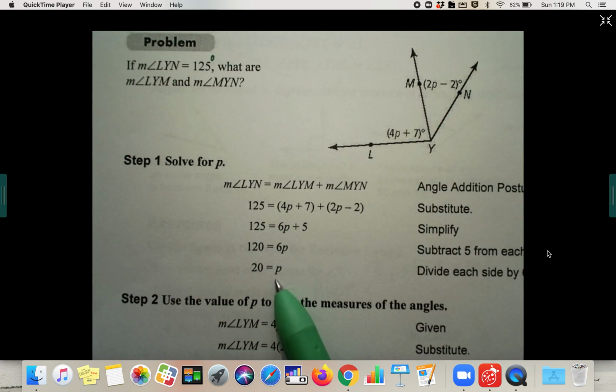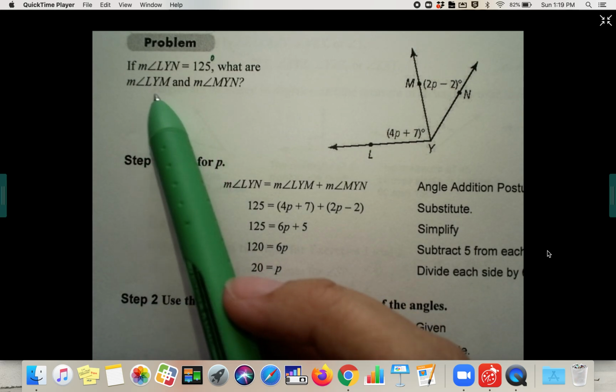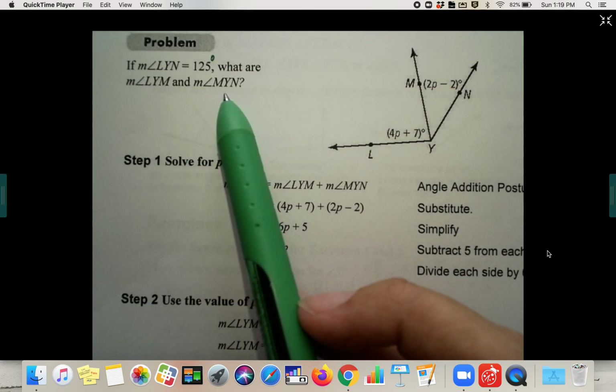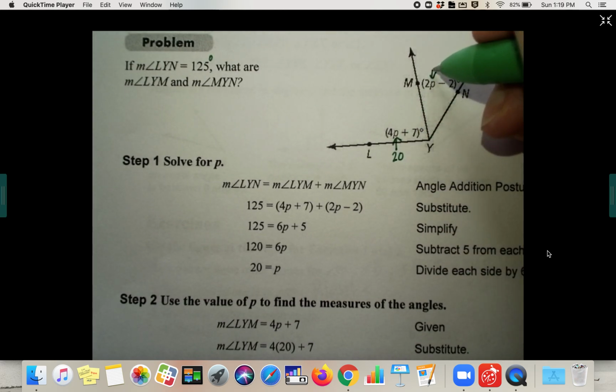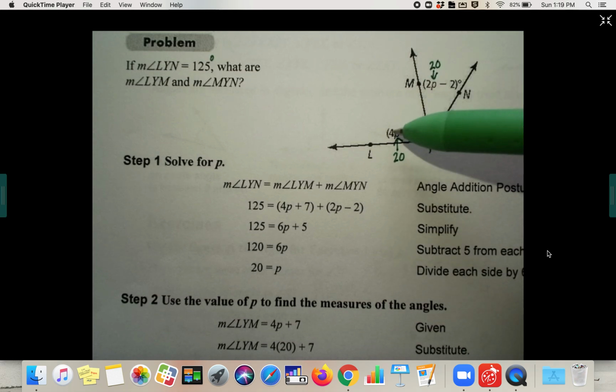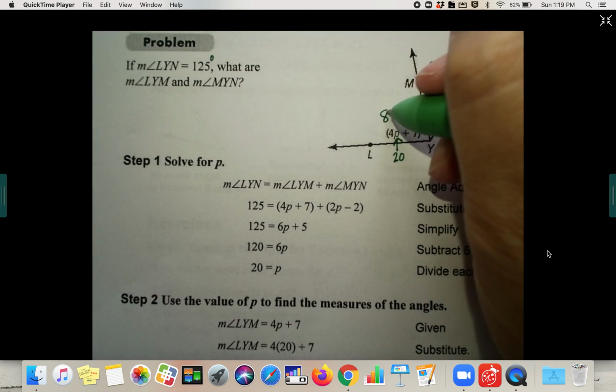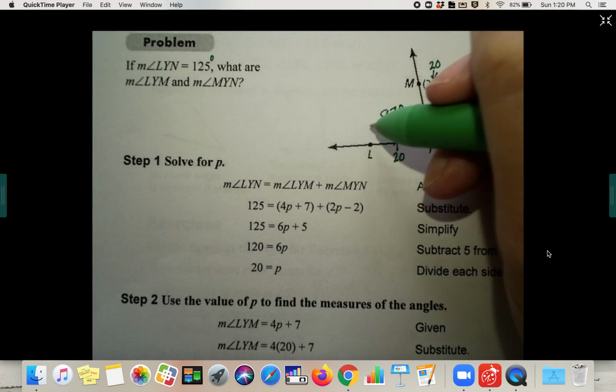Then they worked it out with algebra and got p equals 20. Now that you know p equals 20, what are the measures of these other two? You would just plug in 20 for each of these and solve. 4 times 20 is 80, plus 7 is 87 for the whole angle.